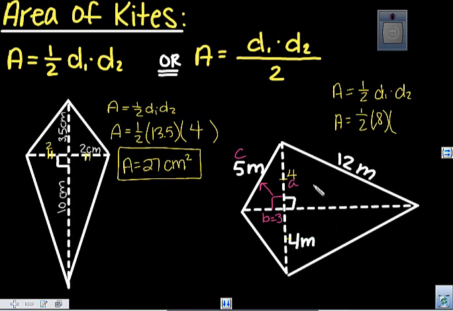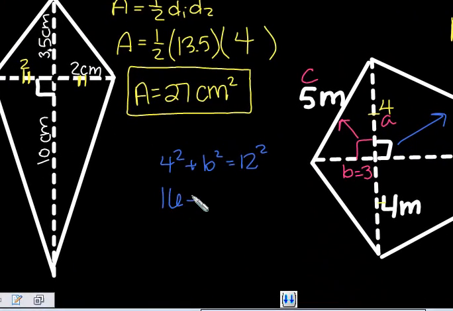So again, we're looking at it as a right triangle, and we know 4, okay, that's one of the legs, we'll call A, and then across from the 90, this would be my C, so I need to find this B. Okay, so 4 is a leg, we don't know B, and 12 is our C. You move your 16 by subtraction.